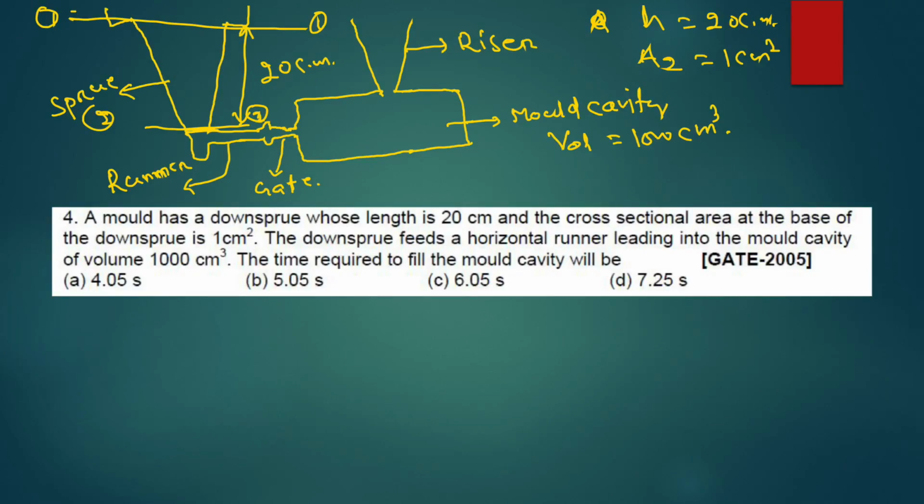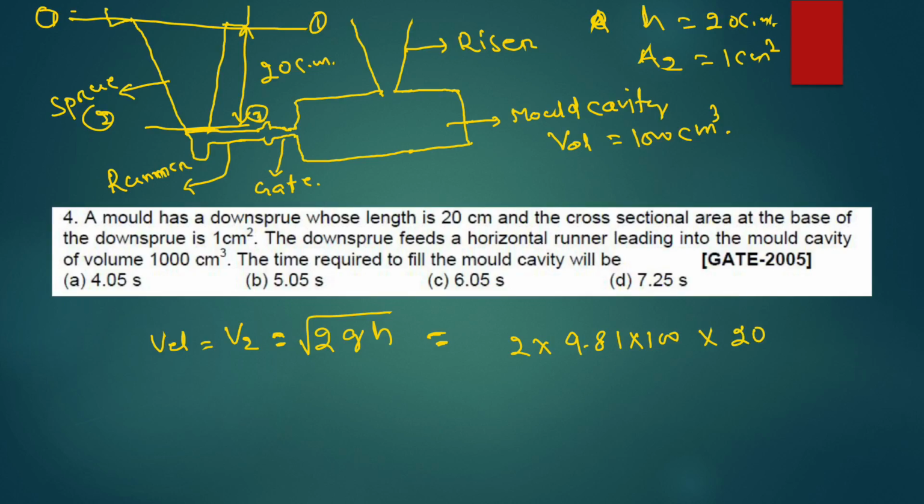So from here we will calculate velocity at point 2. We will apply Bernoulli's equation here. Then finally we will get V equals root over 2gh. In centimeter you have to calculate, so 2 into 9.81 into 100 into h is 20, root over.